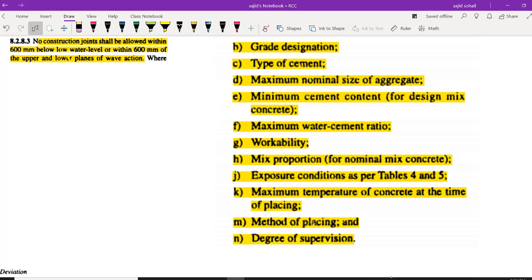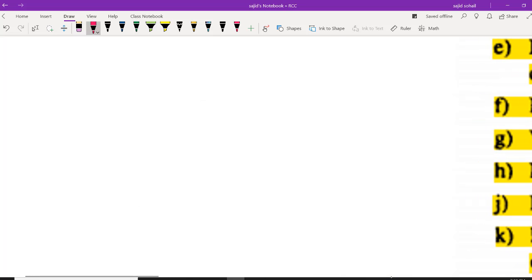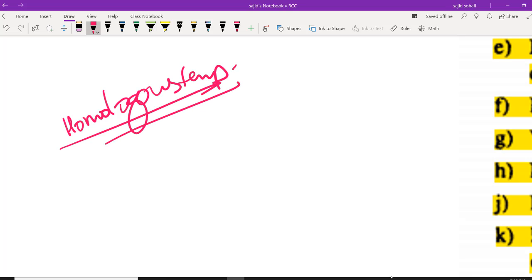In the next chapter I will teach you few more important things, but before that, write one thing: homologous temperature. What is homologous temperature? See, creep whatever we have, it becomes very high if temperature is increased.